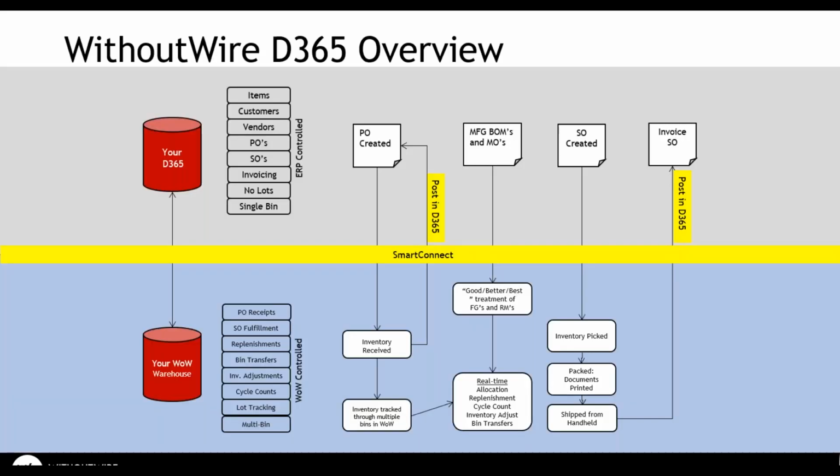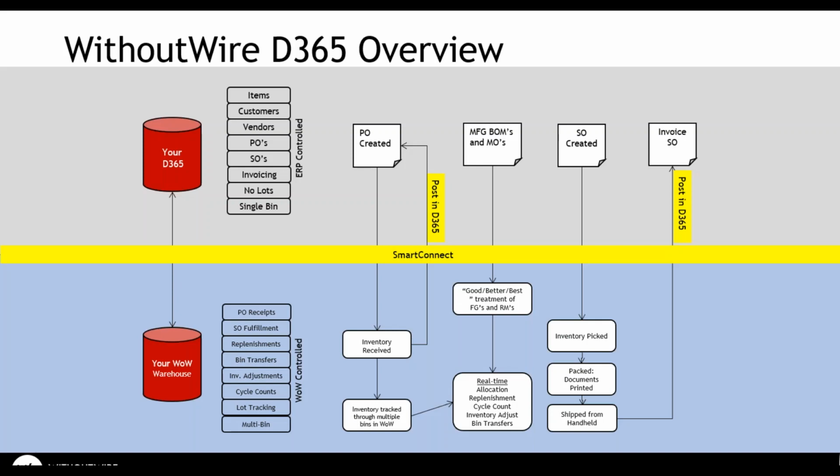And then a schematic, just from an integration standpoint. Of course, you have SmartConnect in the middle, that yellow bar. You have your D365 talking real time with your WithoutWire inventory platform. But D365 is still the master of items, customers, vendors, purchase orders, sales orders, and you do all your invoicing through your financial tool.